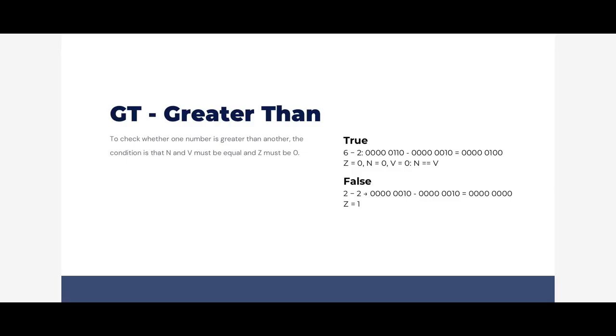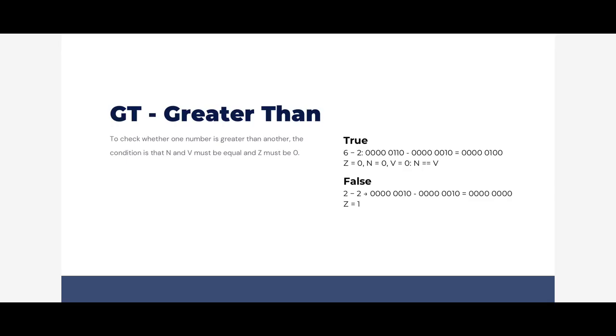Let's look at examples. In the true case, we compare: is 6 greater than 2? First we subtract, and as a result we don't get zeros, and that means the Z flag is 0 because there is no equality between numbers.